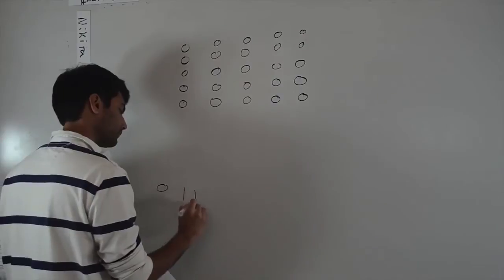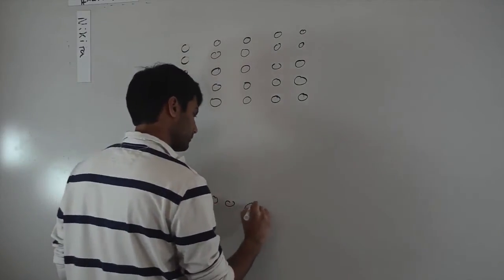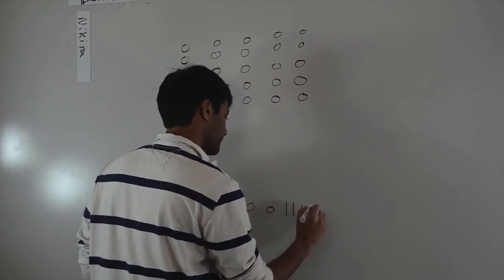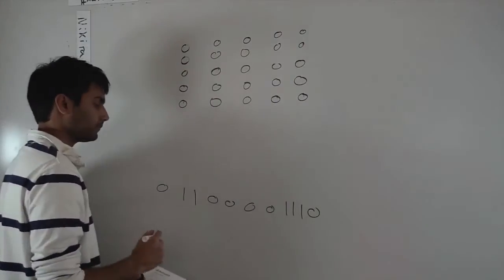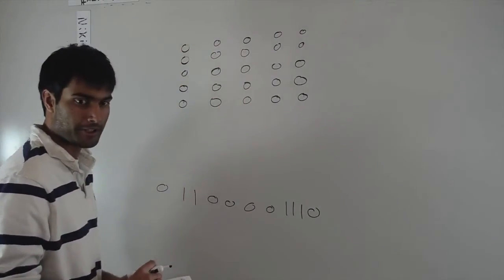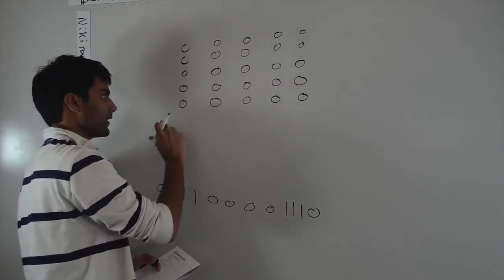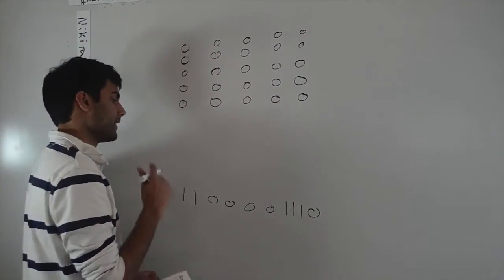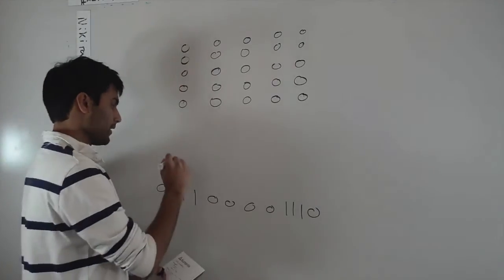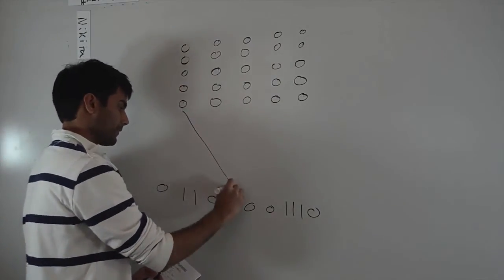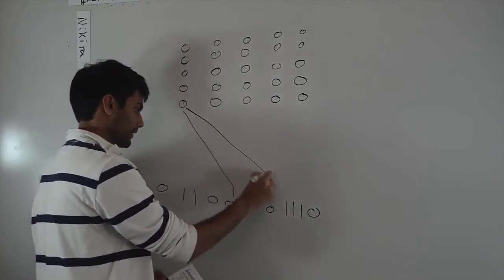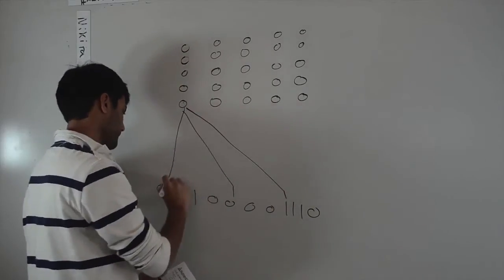So here is a sample input. The way we have our CLA arranged right now, and we're treating all columns as a single entity, each column is connected to some random subset of the input bits.